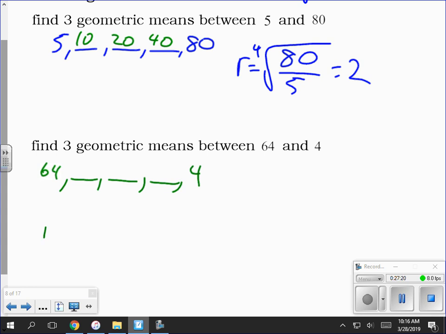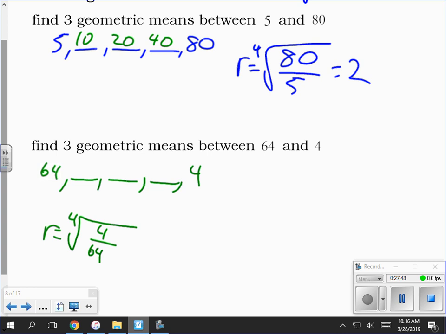So my R is, once again, because I got 3 spaces, the fourth root of 4 over 64. Now, I prefer exact, not decimals. I want a fraction for this. Use your fraction key for the 4 over 64.